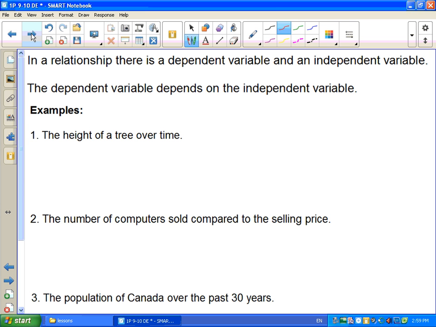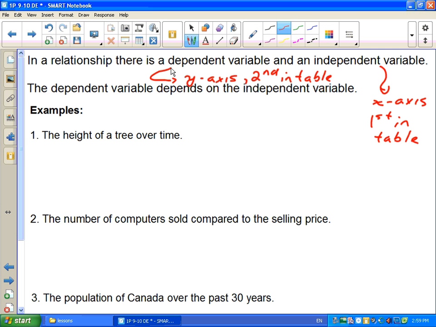Well, if we're plotting these, the dependent variable is always going to go on our y-axis, and it's always going to be the second thing in the table. The independent variable is always going to get plotted on our x-axis, and if you're making a table of values, it's always going to come first in the table.